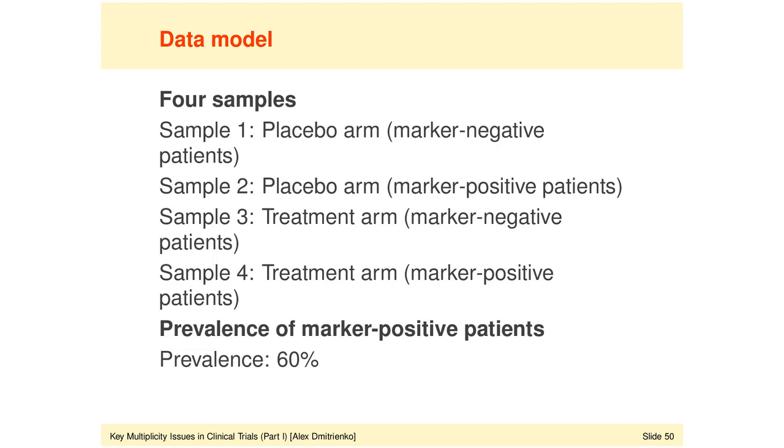The prevalence is set to 60% based on historical data, and this parameter determines the relative sizes of the individual samples in this data model. With a 60% prevalence of marker-positive patients in the general population, the number of patients in samples 2 and 4 will be 60% of the total sample size in this trial.